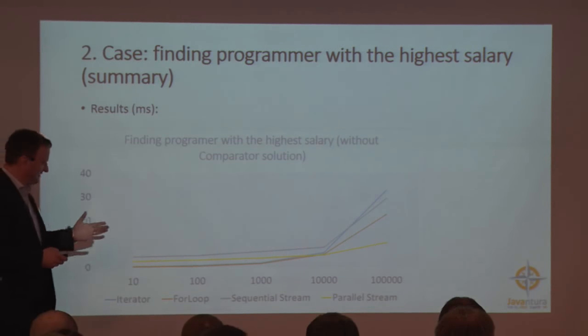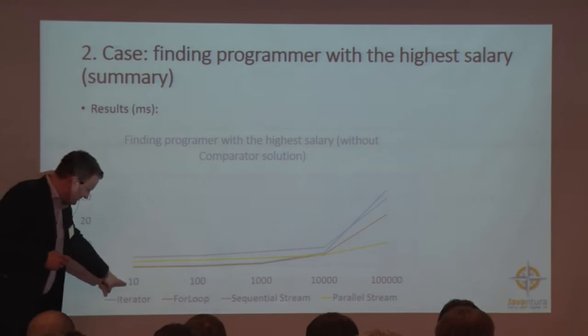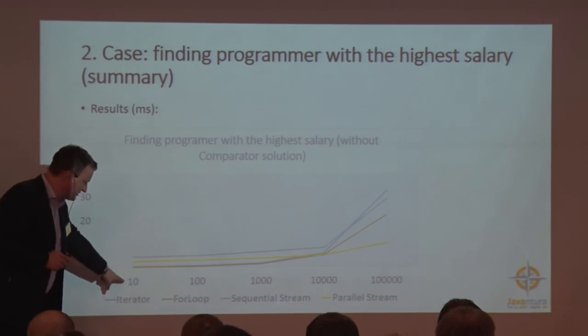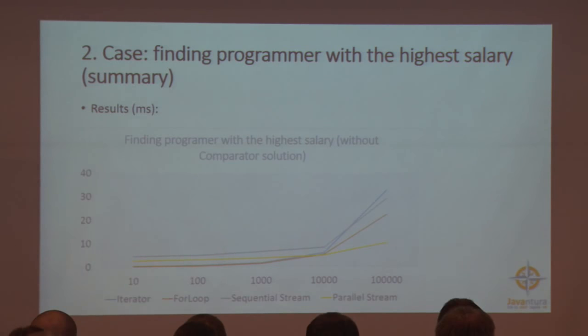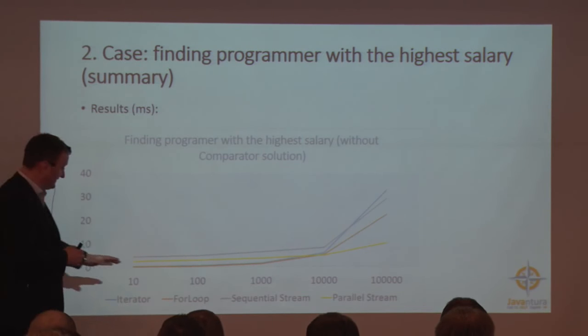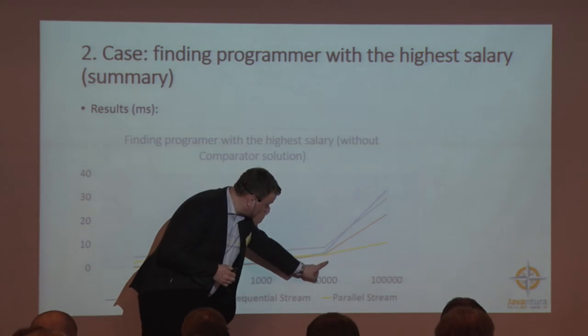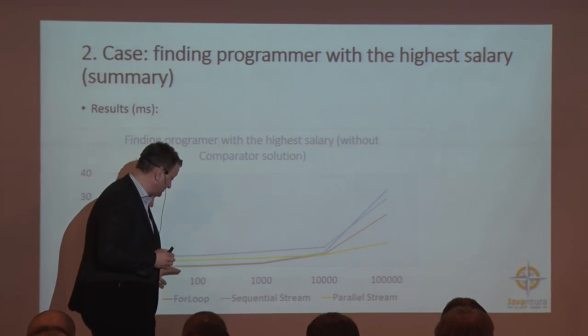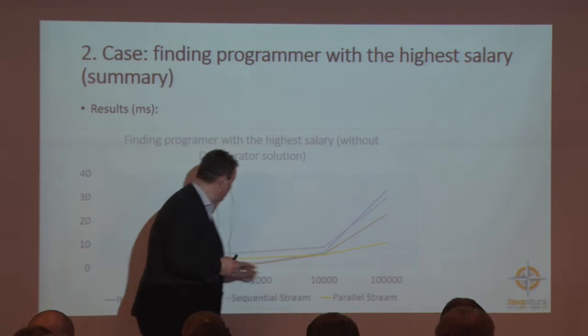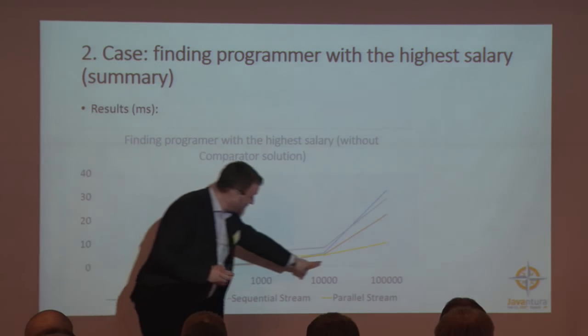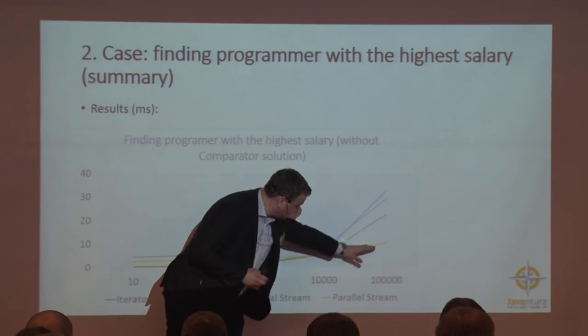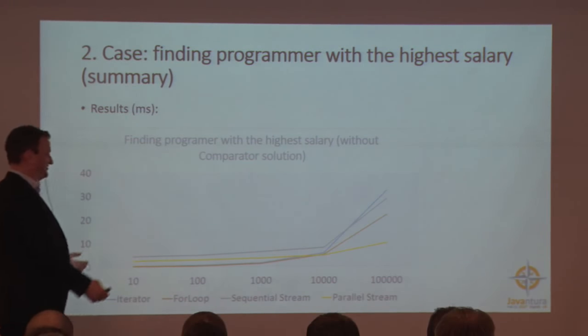And of course, you expect that with a small number of objects, the old guys, iterators and for loops, are almost identical. But between the 10,000 objects and 100,000 objects, they are losing the battle a little bit. They need more time to finish their job. And here, parallel stream is finally doing its job.